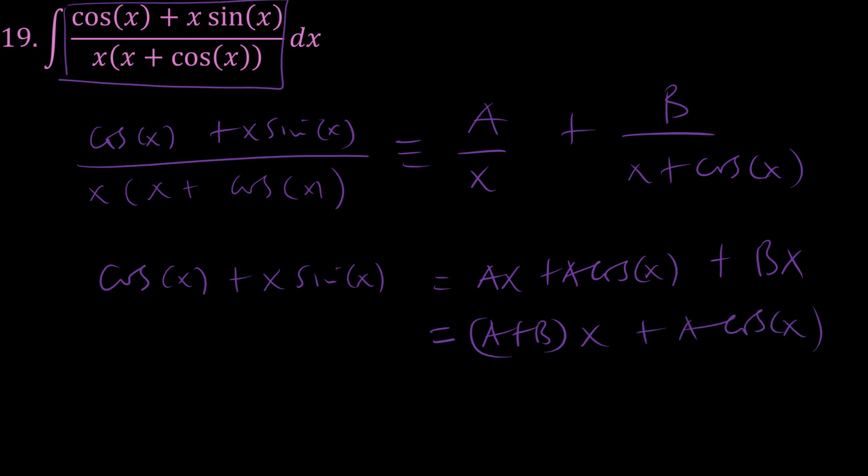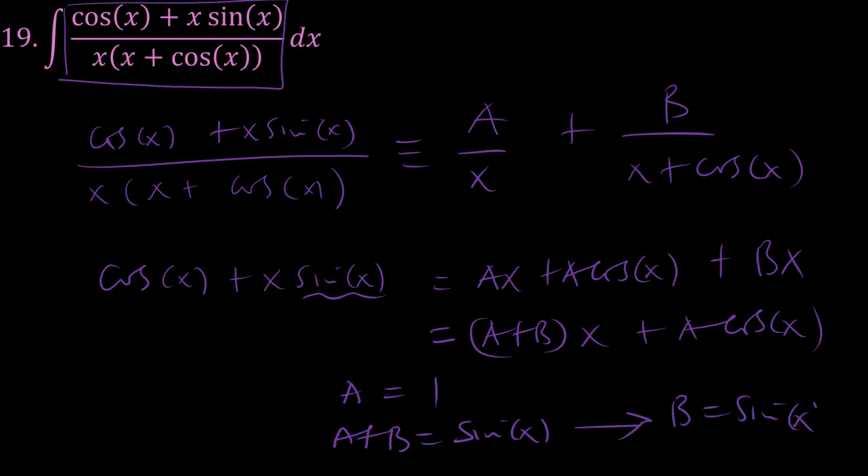And as we can see, a equals 1. And then right here, a plus b equals sine x, which means that b is equal to sine x minus 1. So that's the simple way of splitting that.